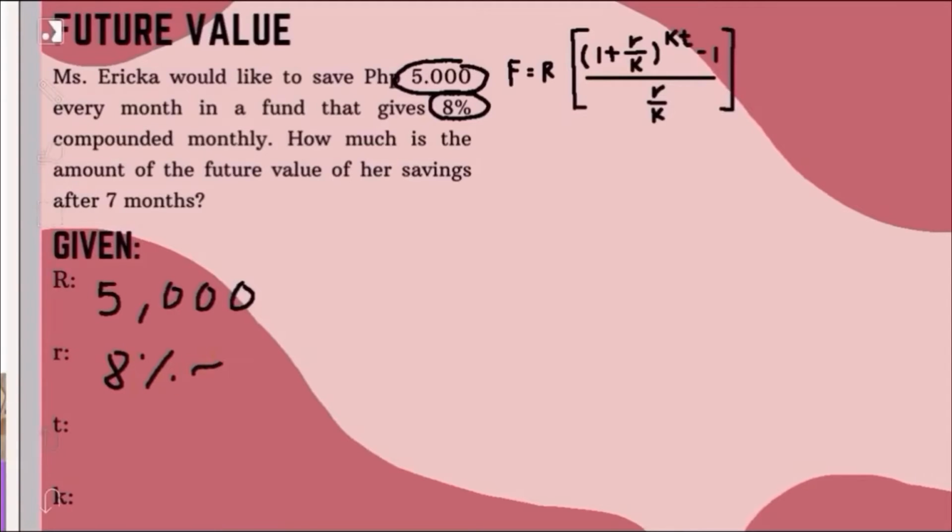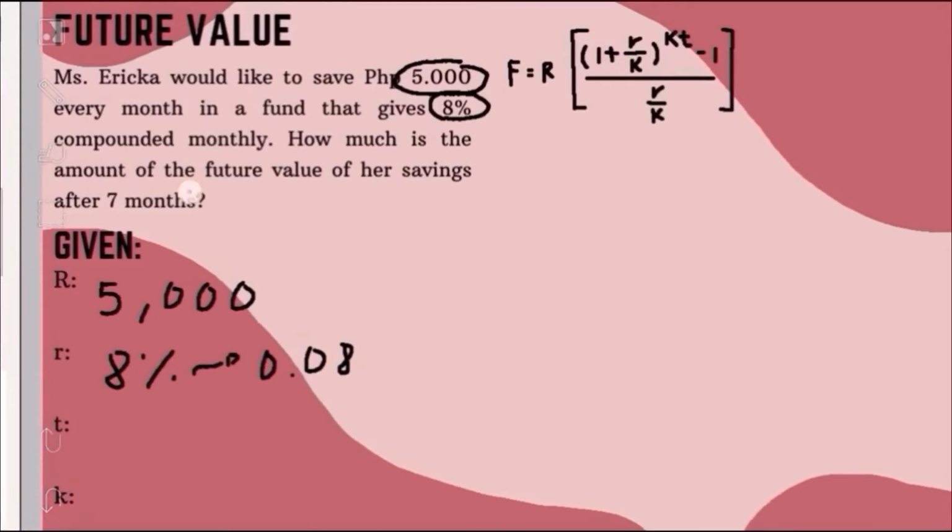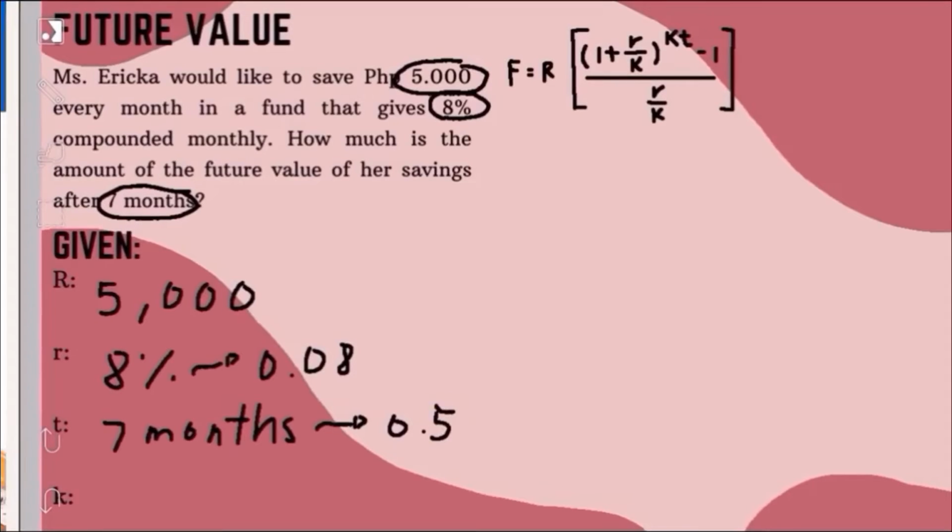So, 8% in decimal, that is 0.08. Our time is 7 months, that is 0.5. And then lastly, it will be compounded monthly, so our K is 12. Now, our unknown is the future value.